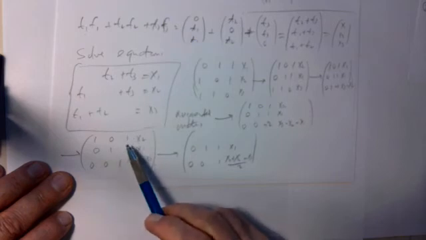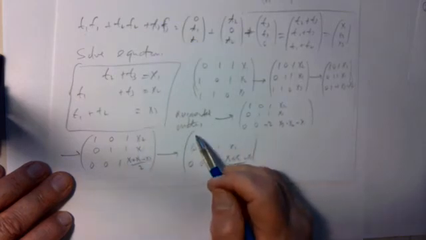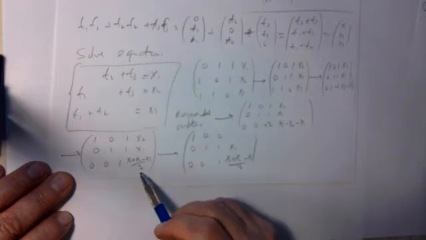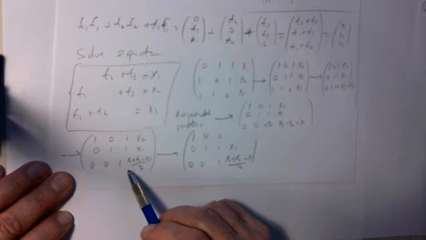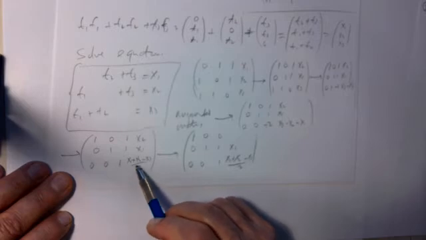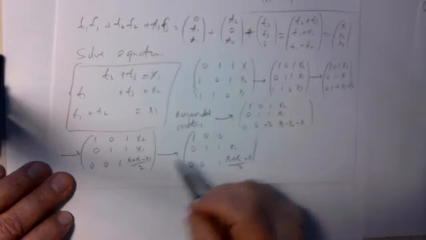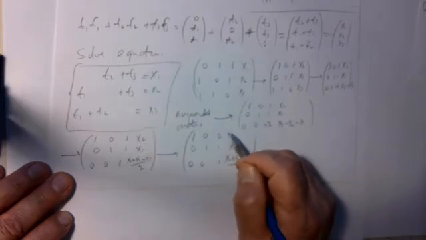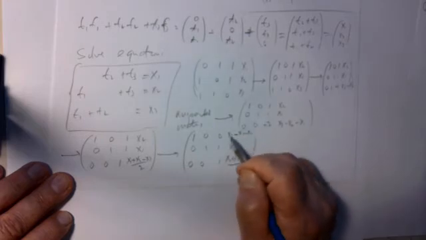If I take the first row minus the third row, I get 1, 0, 0. This minus this is x2 minus x1 minus, so I get this minus this, I get x3 minus x1 minus x2 over 2.